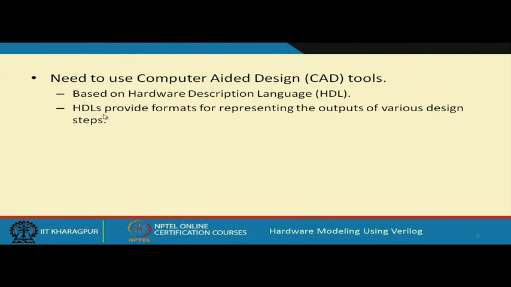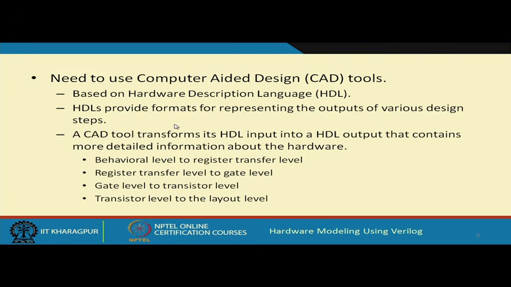These description languages provide ways to represent designs, not only the initial design. As the CAD tools translate or transform the designs, they will represent the specification at the different steps of transformation as well. Okay, this we will see later. So, here is exactly what I was trying to mean.